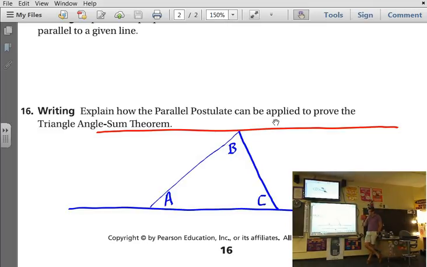I have my red line there, say line L, and line B. L's parallel to B.